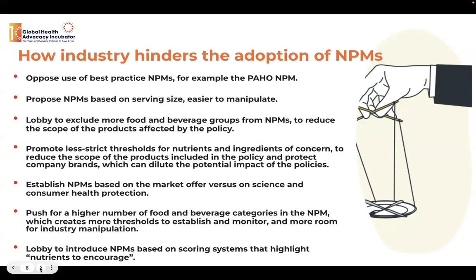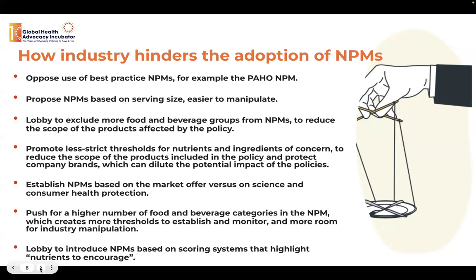For example, the PAHO, Pan American Health Organization, nutrient profile model was opposed in every single country in the region of the Americas when it was proposed. The industry aggressively and publicly opposed the PAHO nutrient profile model, and we documented opposition from the industry to other robust nutrient profile models in Africa and Asia.